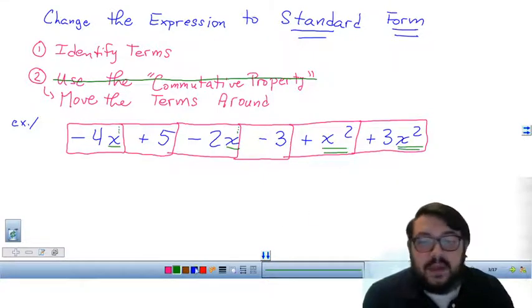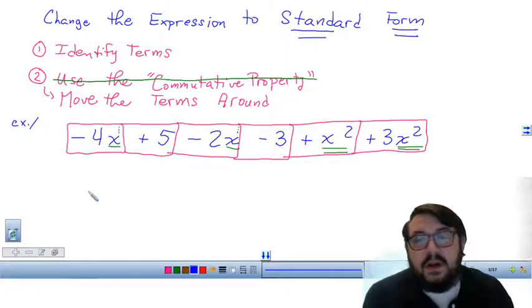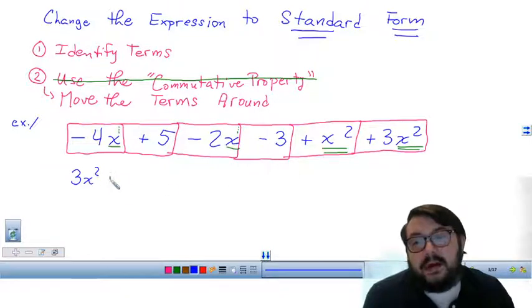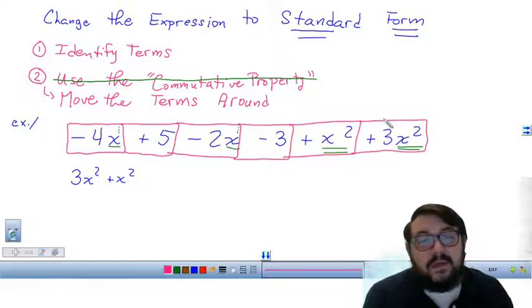Okay, so what I'll do is I'll put my x squared terms in the front. So if you have more than one, you can just kind of put them in order. So in this case, I'll put positive 3x squared, and then I'll put my positive x squared term, okay? So now I've taken care of both of these.